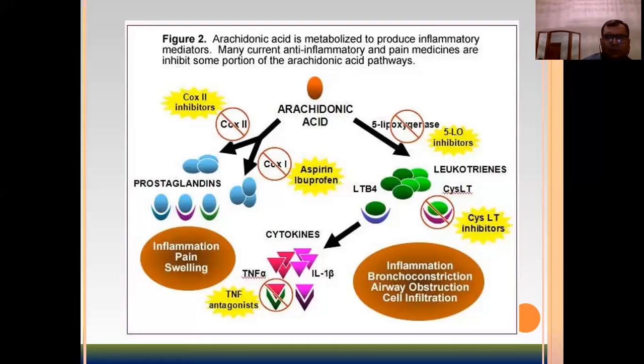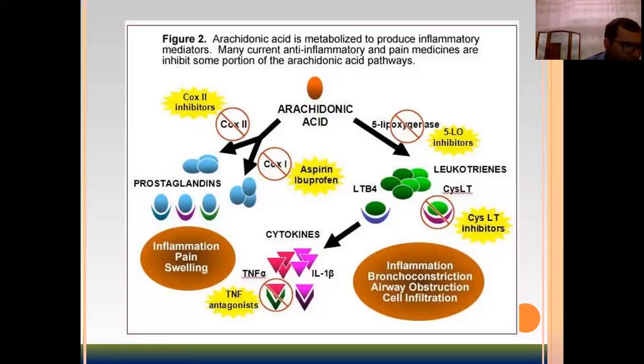Remember that montelukast causes inhibition of leukotriene, and montelukast has an inhibitory effect on 5-lipoxygenase. And besides this, there are cytokines that produce tumor necrosis factor, TNF antagonists. These all things are produced by us.